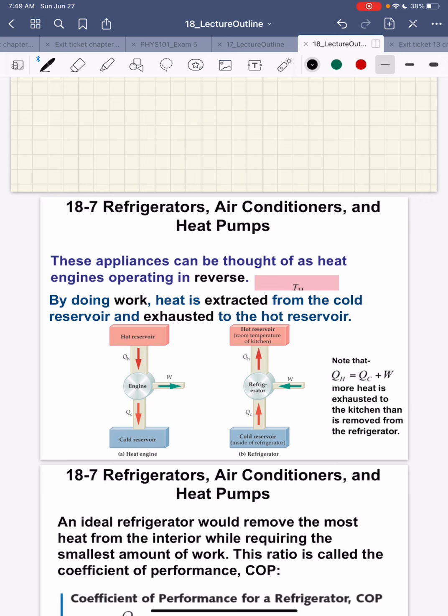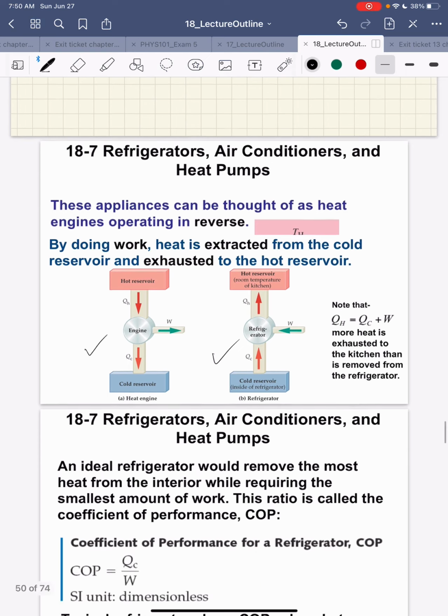Okay, this is the heat engine and this is the refrigerator. Then I am doing work, and that work plus QC is going to be Q hot. More heat is exhausted to the kitchen than is removed from the refrigerator.